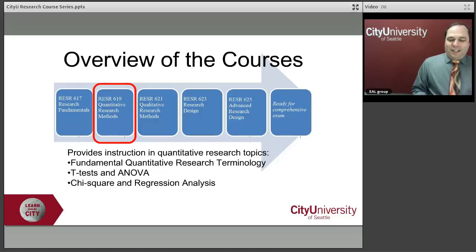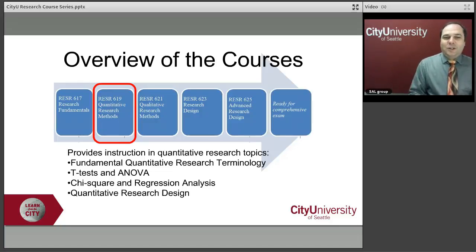We put these all together, and then you consider what could be researched through a quantitative method. The course ends with an assignment to put together a research design that uses a quantitative method to study what you might want to study down the road in your dissertation.